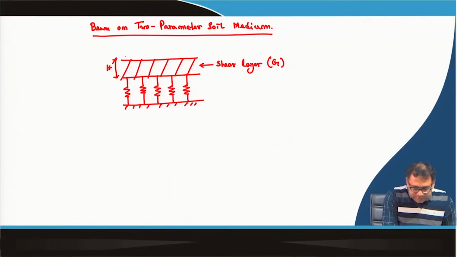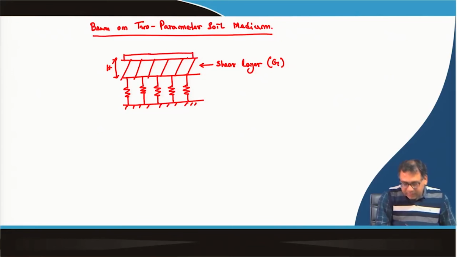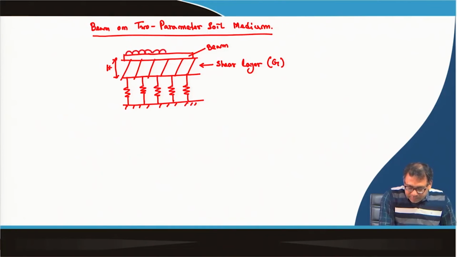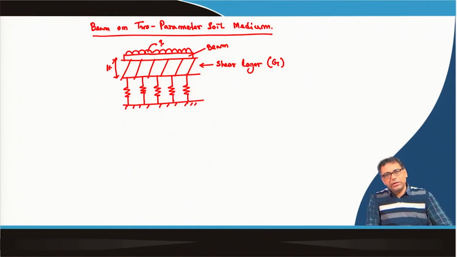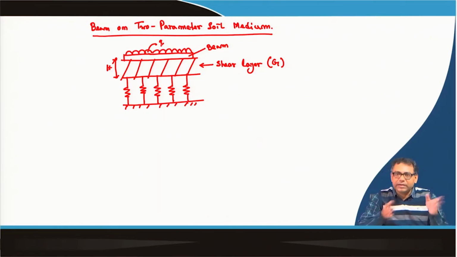Now, over this two parameter model the beam is resting, and over the beam there is a UDL, say Q. This beam can be an infinite beam, a finite beam or a semi-infinite beam. So, this is the problem.